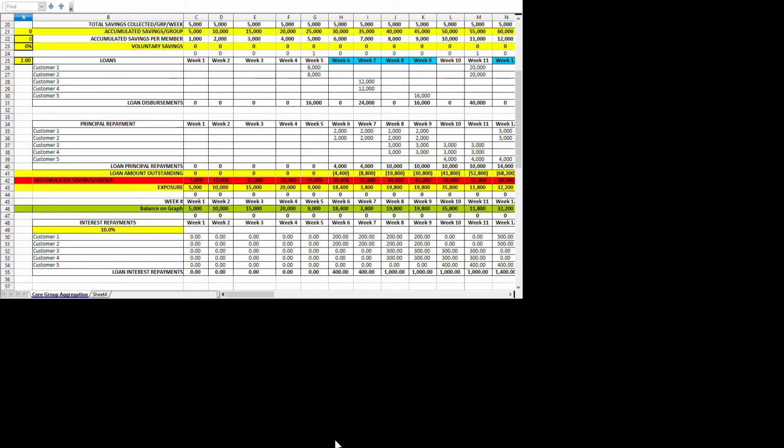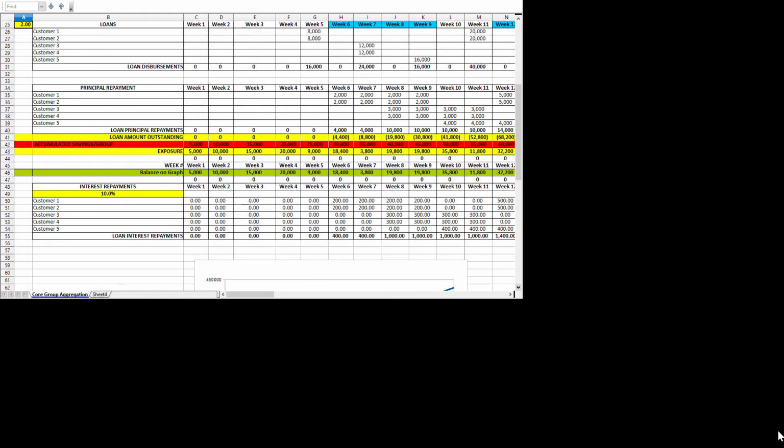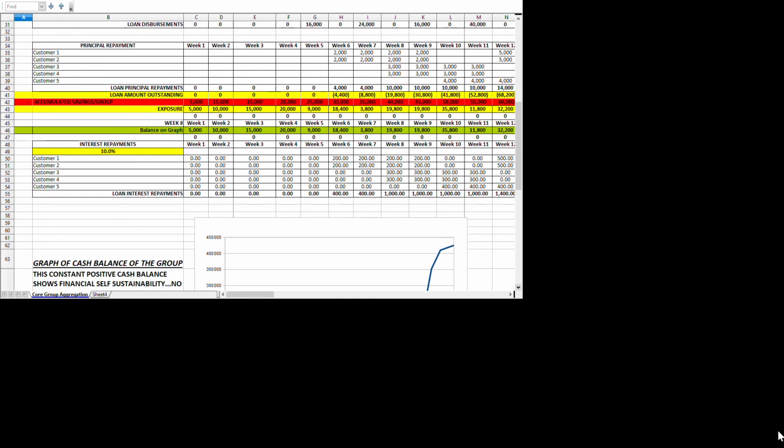So the loans have gone out. Now we're looking at the principal repayments. So look at rows 34 to 40. The loans that went out in week 5 for customers 1 and 2, you see their repayments there, 2,000, 2,000, 2,000, 2,000.